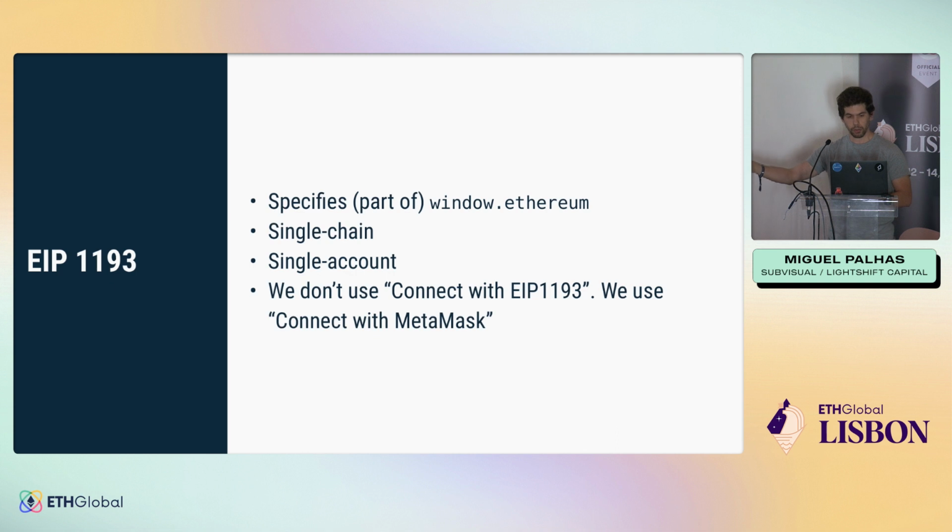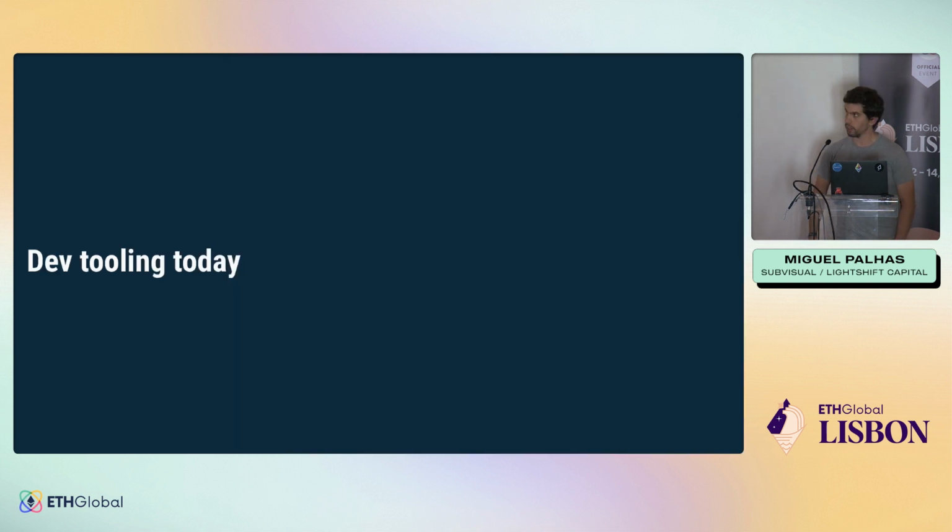And then RainbowKit comes in and depends on those endpoints. So the spec is no longer being followed fully, which means that you don't actually get a connect with an EIP-compatible wallet. You just get a connect with MetaMask button that assumes that window.ethereum is MetaMask, when in reality it should just be a generic thing.